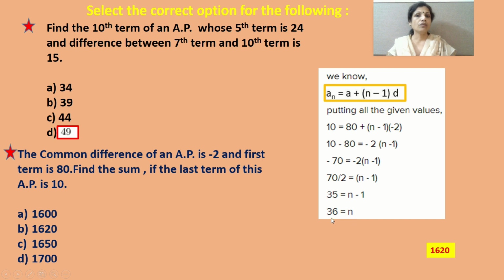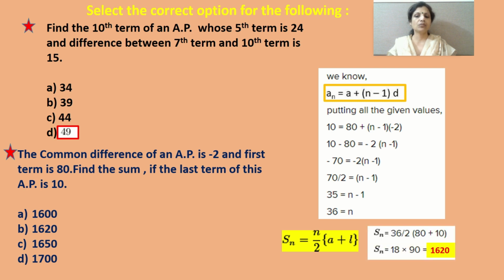Alright, now we have to find the sum of this AP. So we'll make use of this formula: Sn is equal to n by 2 in the bracket a plus the last term, because we have a and we have the value of the last term also. If you substitute this, you get Sn is equal to 36 upon 2 in the bracket 80 plus 10.